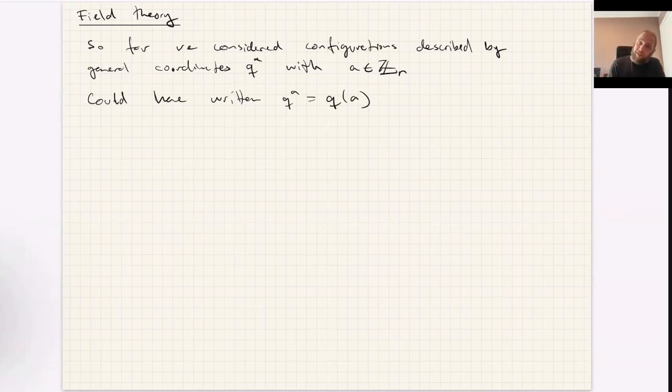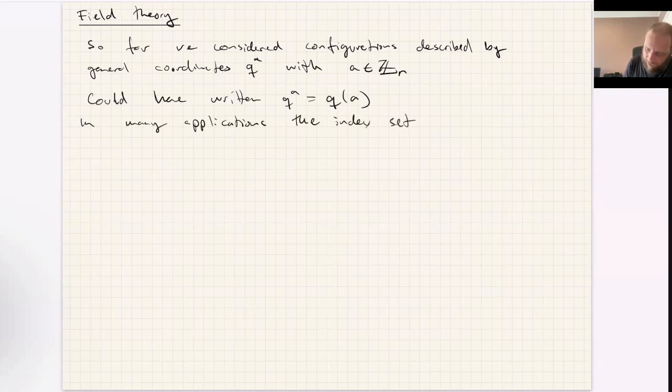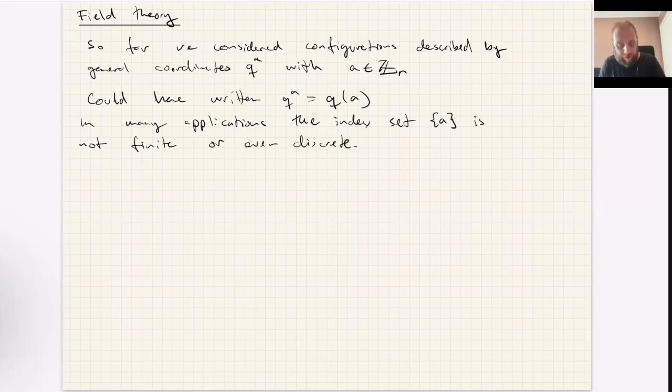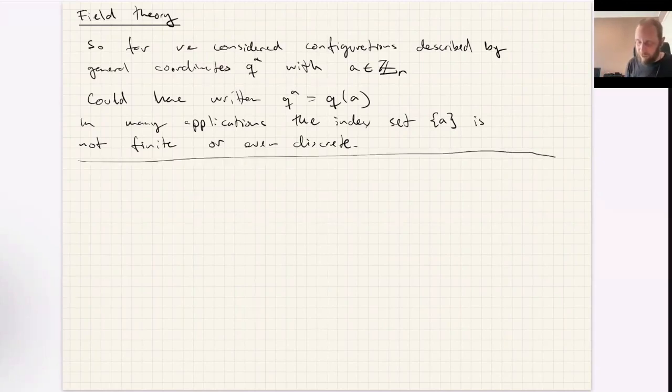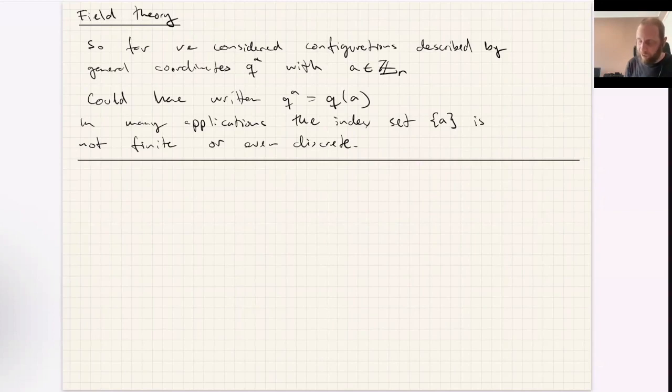However, in many applications, such as the gravitational field, such as the electromagnetic field, the index set, so the set of possible indices A, is not finite or even discrete. And this is going to be the main difference when we discuss field theories, that we will not generally have a finite discrete set of coordinates that describe our setup.